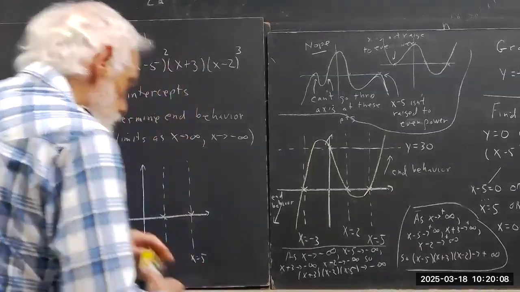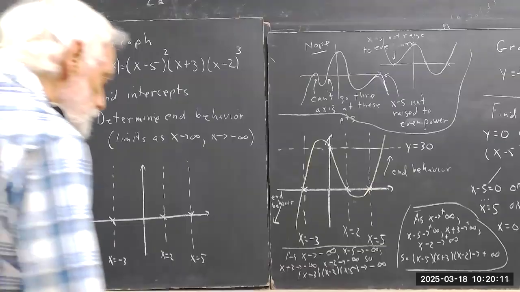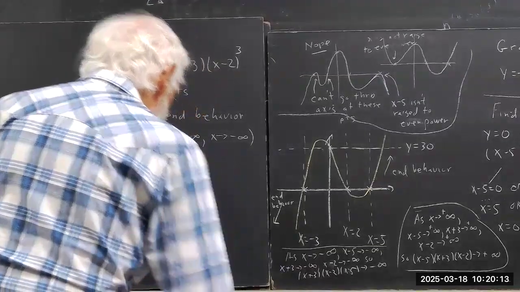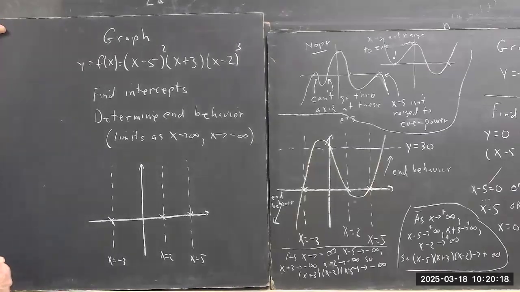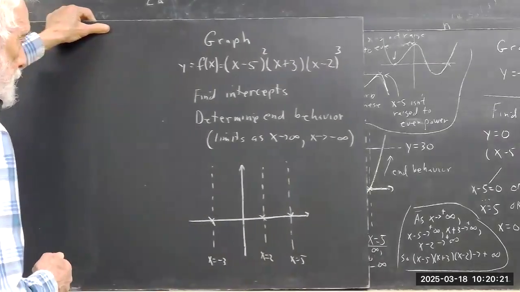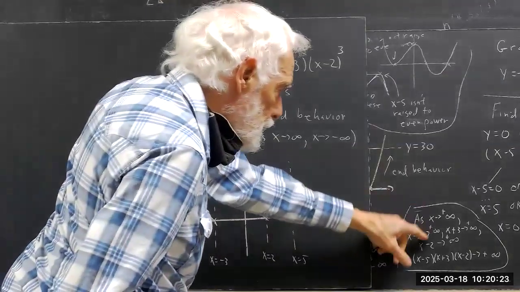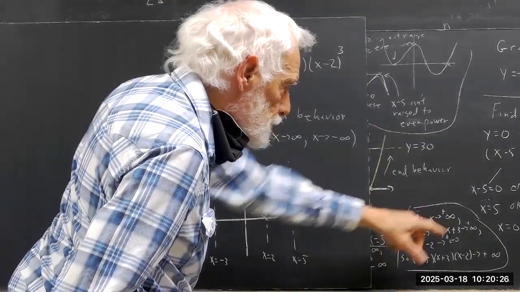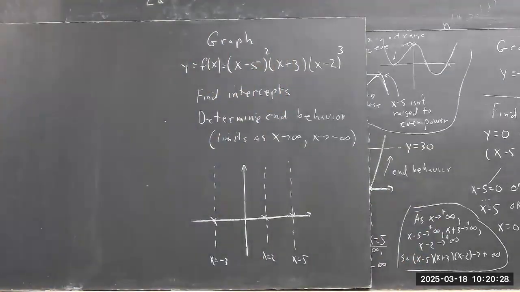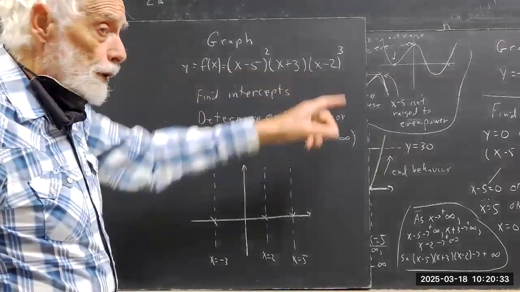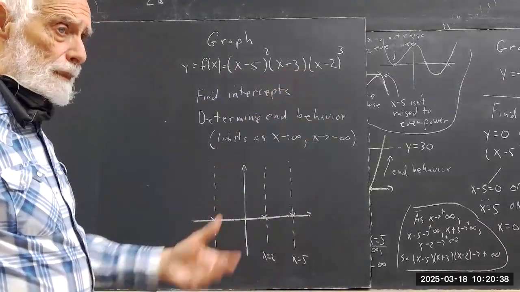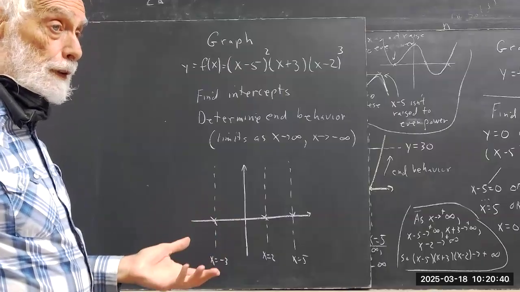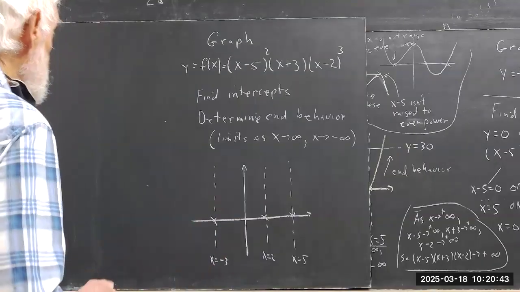The devil's in the details here, but you remember that here I determined what happens as x goes to plus infinity. Well, as x goes to plus infinity, you can pretty much see that every term here is going to go to plus infinity. They're all going to be positive, so it should be pretty obvious that we go to plus infinity.